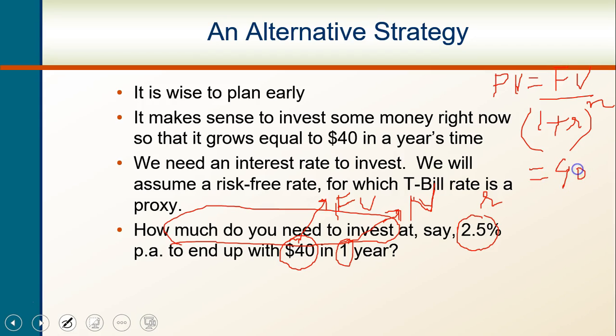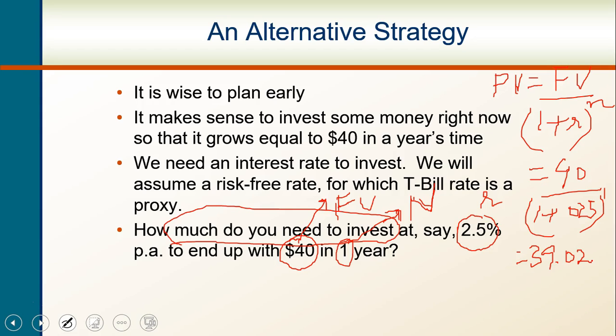Future value is 40, 1 plus r is 1 plus 0.025, and because the time is 1 year, we raise it to the power of 1. If you solve this, you are going to get $39.02.